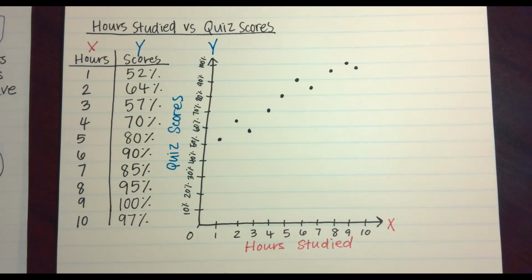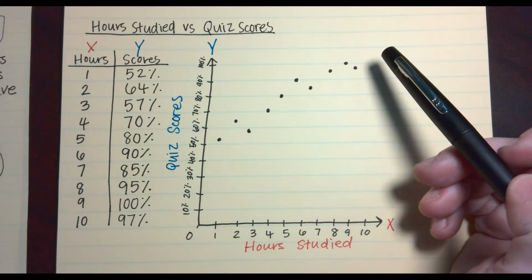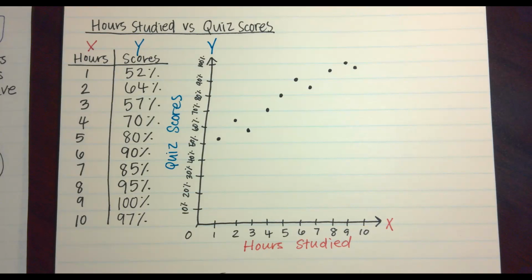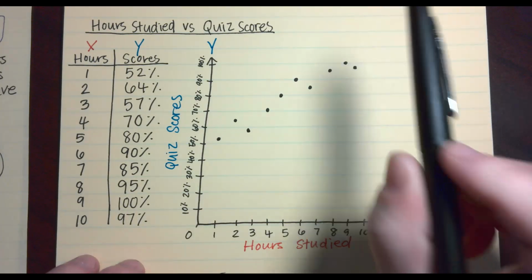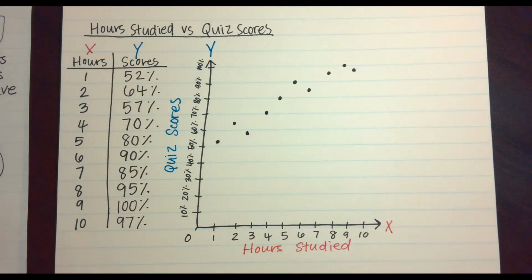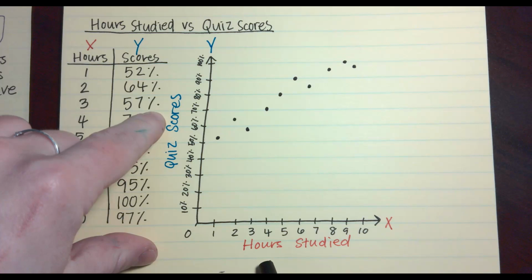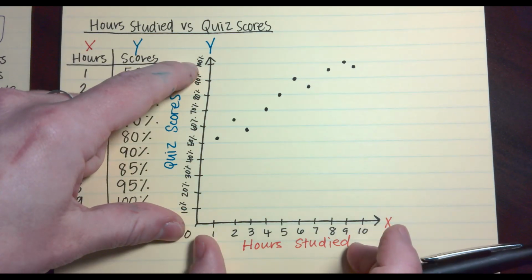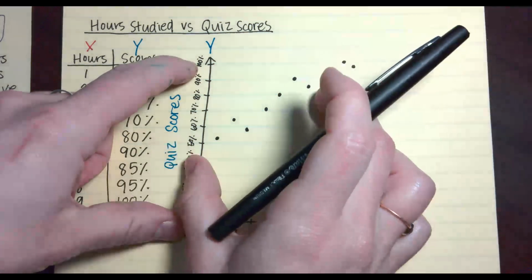More hours equals better score. Yeah, in general, the trend looks like the more hours you study, typically the better score you'll get. Erica, yes? We have a positive correlation, and it seems to be fairly high cluster. Yes, we do have what we call a positive correlation. So whenever I say correlation, it's basically saying that these two sets of data, this quiz score versus hours studied, are related and they affect each other according to this data.